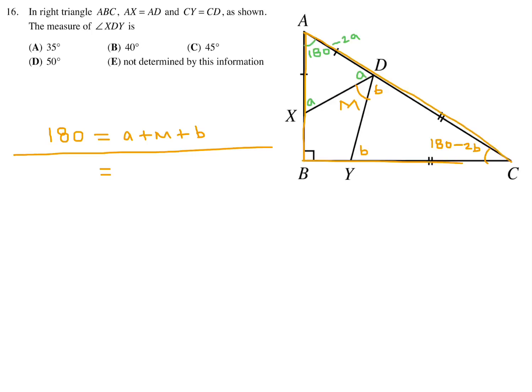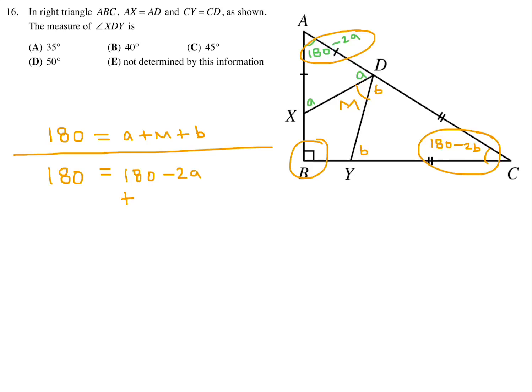In that whole thing, the sum of the angles will equal 180. So we have 180 minus 2a, plus this angle is a 90-degree angle, plus that one, 180 minus 2b.